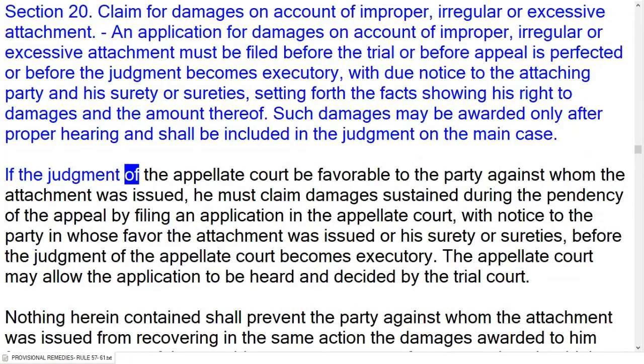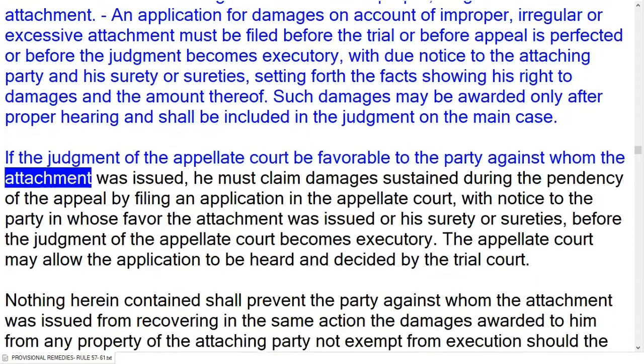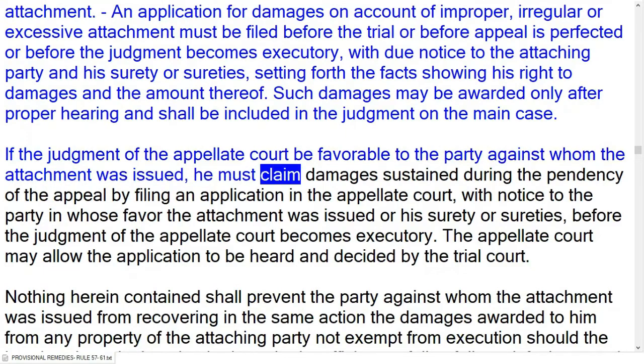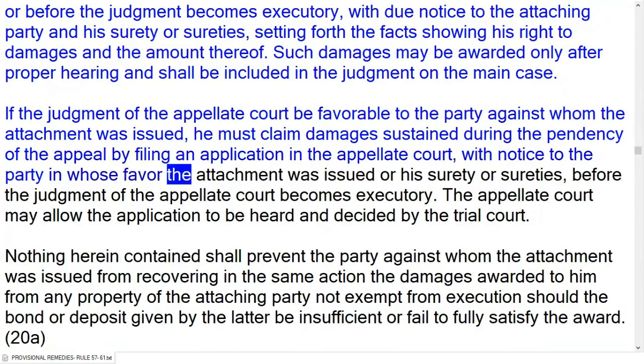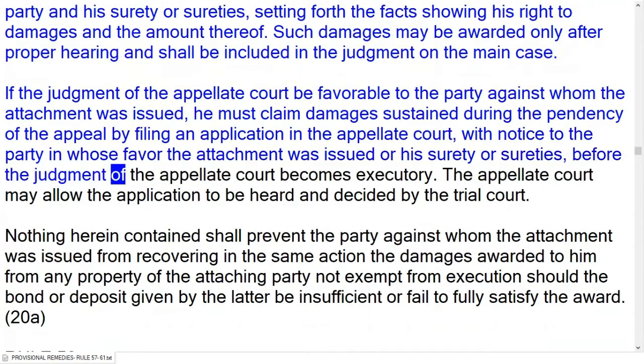If the judgment of the appellate court be favorable to the party against whom the attachment was issued, he must claim damages sustained during the pendency of the appeal by filing an application in the appellate court, with notice to the party in whose favor the attachment was issued or his surety or sureties, before the judgment of the appellate court becomes executory.